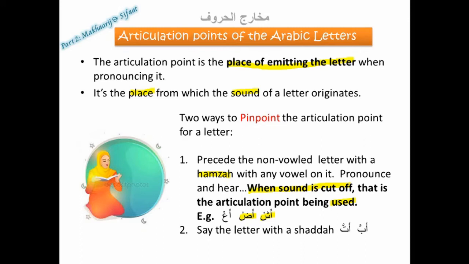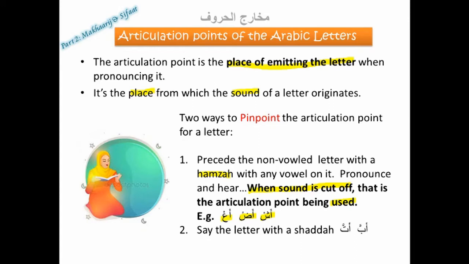The next example is ayn, and this is quite a tricky letter for most non-Arabs because it doesn't really exist in many other languages. It's very particular to the Arabic language. Still, inshallah, we'll try and say it, and where the sound is cutting off, that's where the articulation point is for the letter.